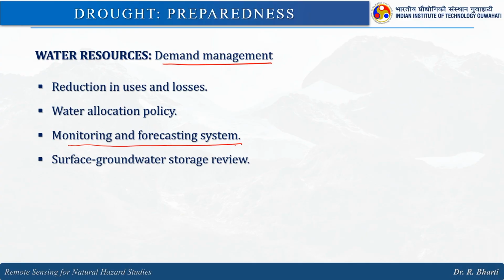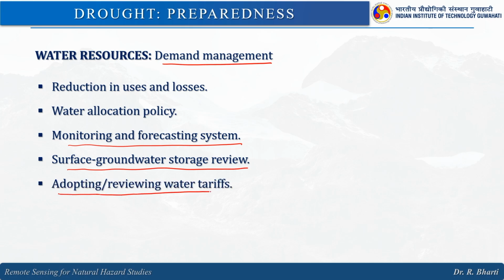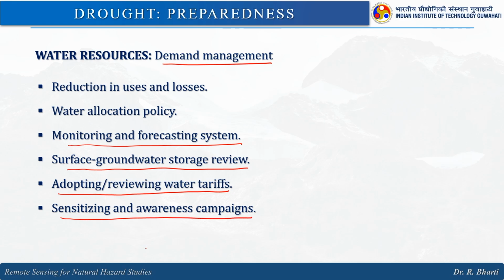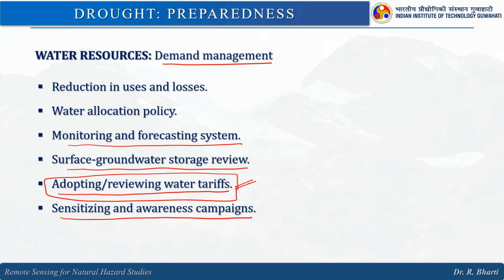Monitoring and forecasting system, surface and groundwater storage review, reviewing water tariffs, sensitizing and awareness campaigns. These are different measures. Adopting or reviewing the water tariff helps, because once you increase the tariff, if I am using 100 liters a day, because of the increased tariff I will definitely go with the minimum amount which is required. So everybody will try to save water directly or indirectly or maybe forcefully.